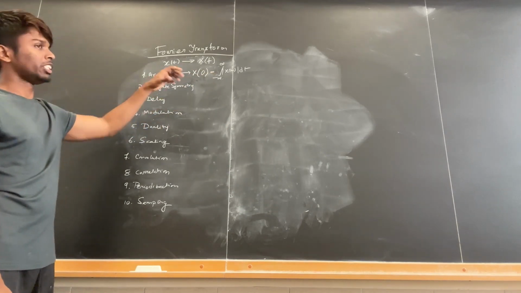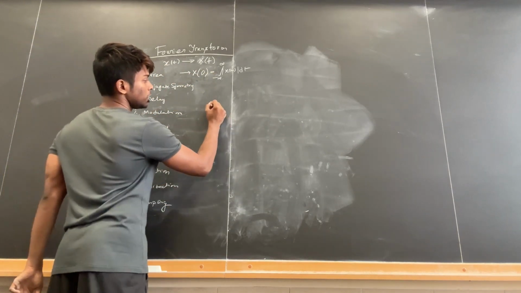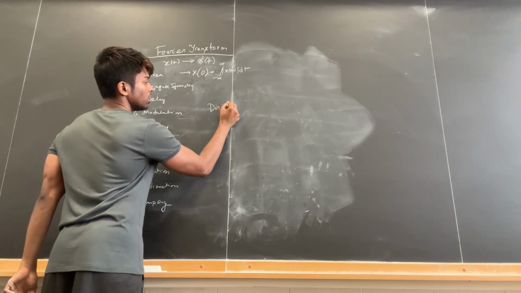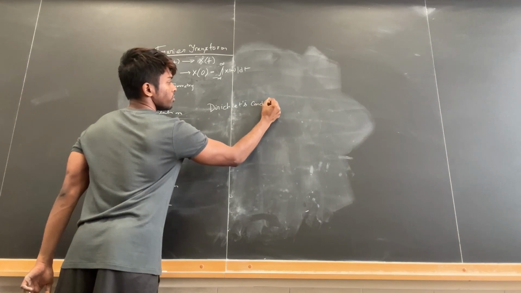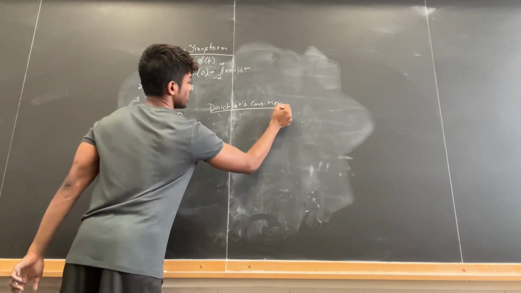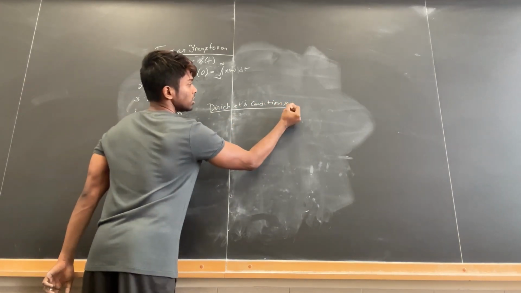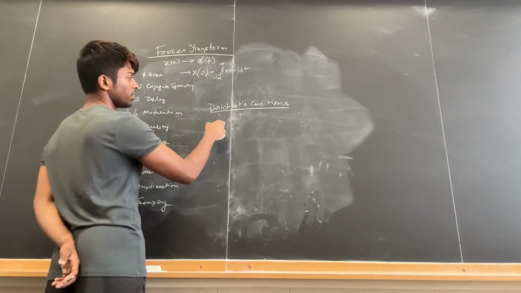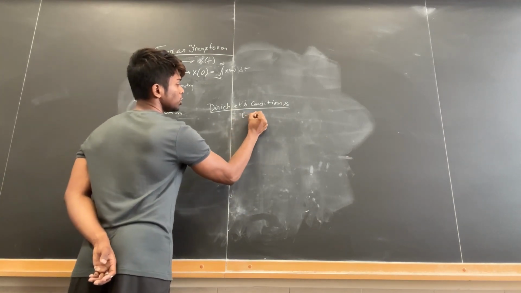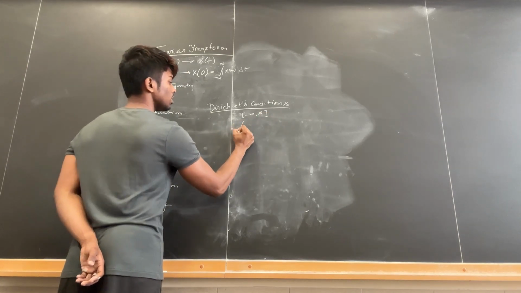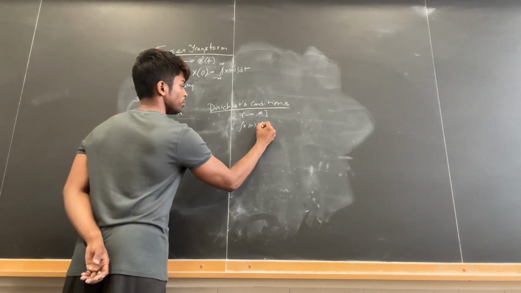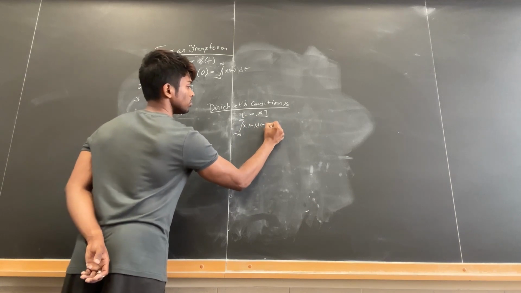This brings me to the Dirichlet's conditions. It is a general name, but what do the Dirichlet's conditions say? If the signal is defined over an interval from minus infinity to plus infinity, then the area of the signal must be a finite value.